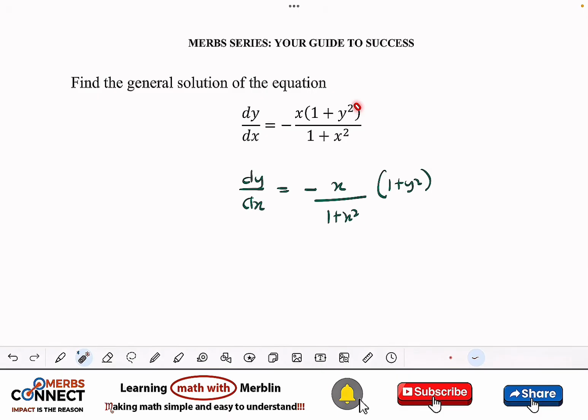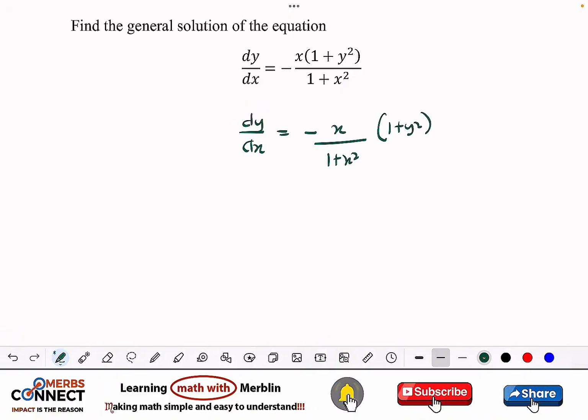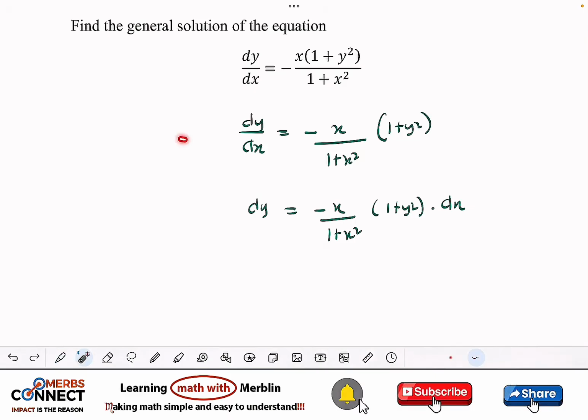So this one, I just shift this one small to the side. Good. So if that's the case, then I can make sure I multiply through. So I can write this one as dy is equal to minus x divided by 1 plus x squared times 1 plus y squared times dx, right? So I multiply this one by dx, multiply this one by dx.